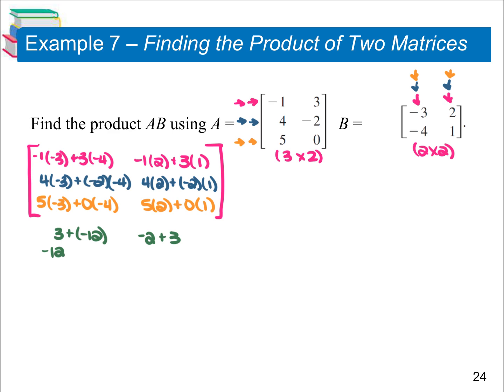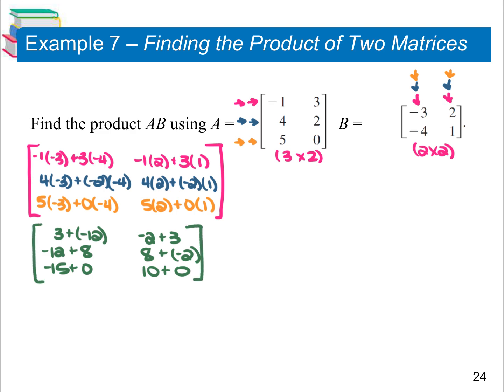Then -2 times -4 is +8. Next, you have 4 times 2, which is 8, plus -2 times 1, which is -2. On your last row, you have 5 times -3, which is -15, plus 0 times -4 is 0, and 5 times 2, which is 10, plus 0 times 1, which is 0.